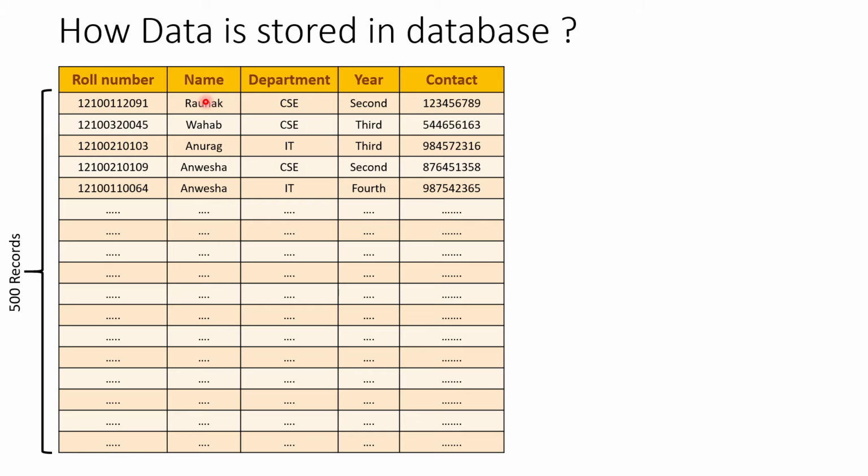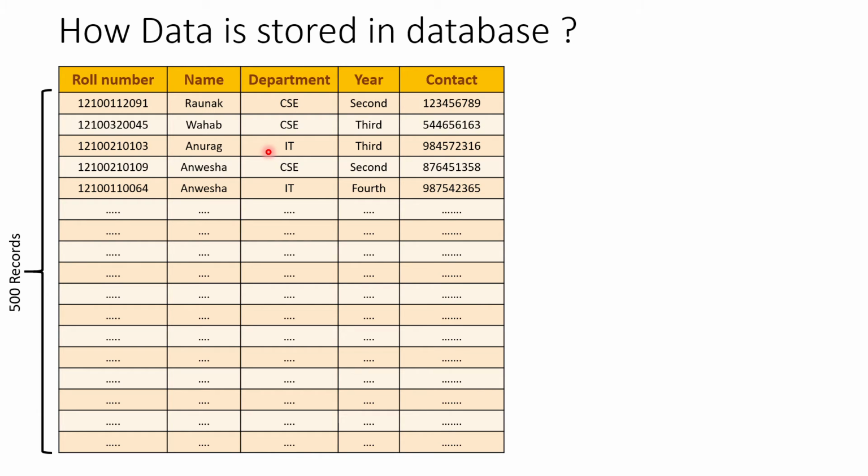For example, if I try to identify each row by the attribute name, your purpose is not going to be solved, because there is no guarantee that there is no other student having the name Ronak or Wahab or Anurag or Annesha in the college. You may have the same name in another department or another year. So if I want to find detailed information about Anurag, it's not possible; maybe I will find more than one row.